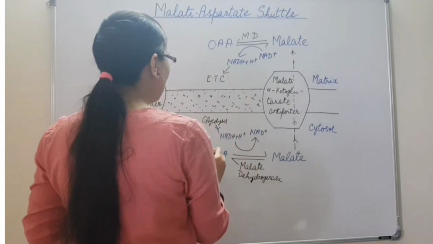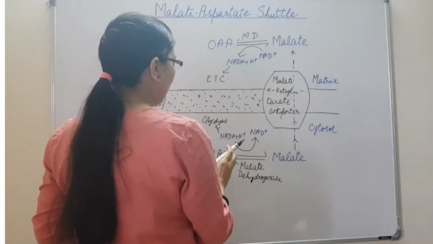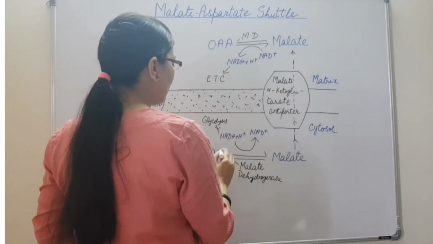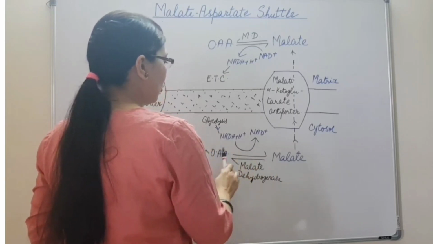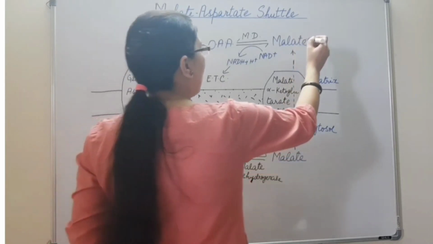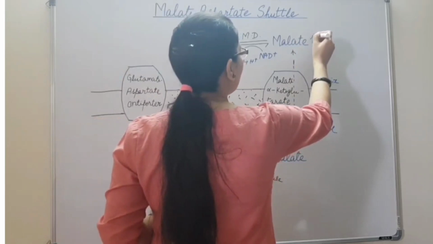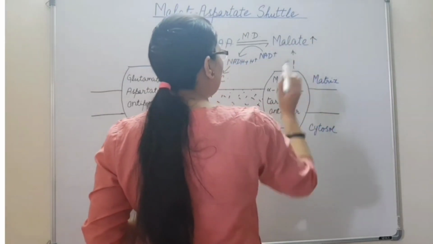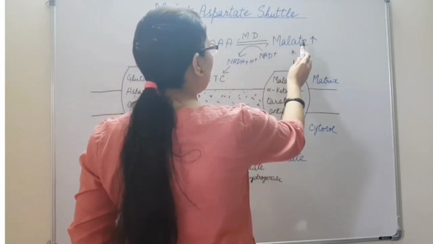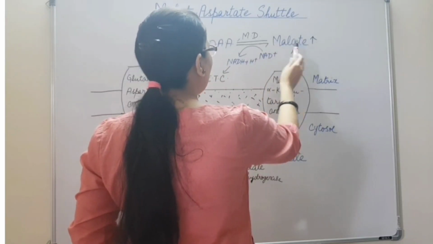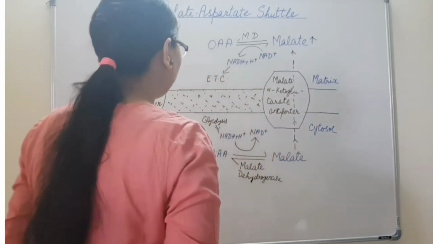This depends upon the concentration. In the cytosol, the concentration of oxaloacetate is high, so malate dehydrogenase catalyzes the reaction from oxaloacetate to malate, and in matrix the concentration of malate is high, so malate dehydrogenase catalyzes the reaction from malate to oxaloacetate.